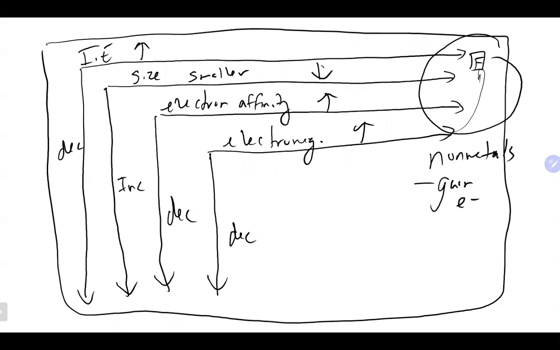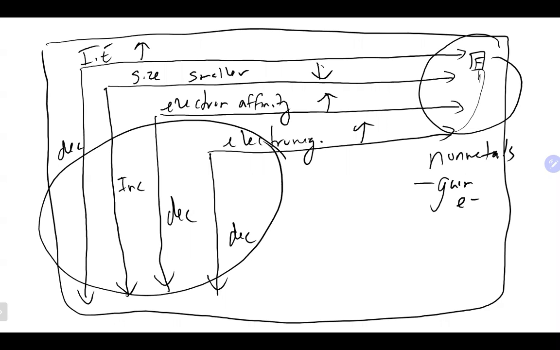They have low electronegativity, and they don't really have a very high affinity for electrons, which means they don't really care that much about hanging on to their electrons, which is why metals, which are pretty much left and down on the periodic table, typically will be the ones that will lose electrons and become positively charged, while nonmetals are typically the ones that will gain electrons and become negatively charged.